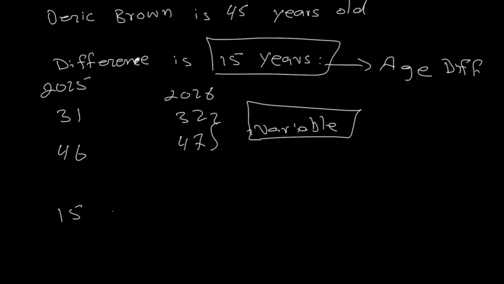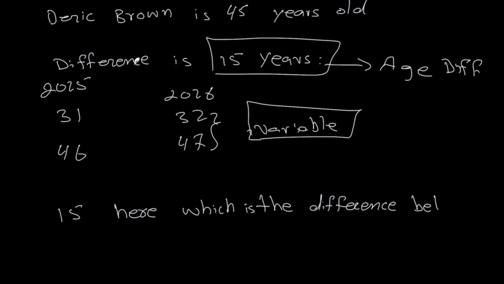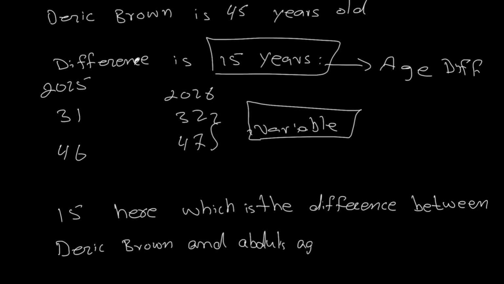So 15 here, which is the difference between Mr. Derek Brown and Abdul's age, we treat as a constant because it doesn't change.